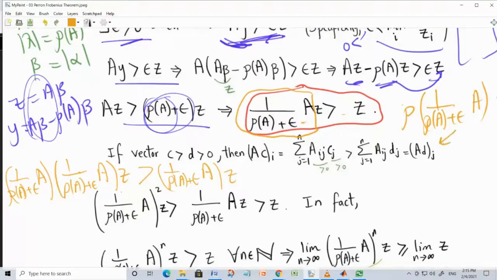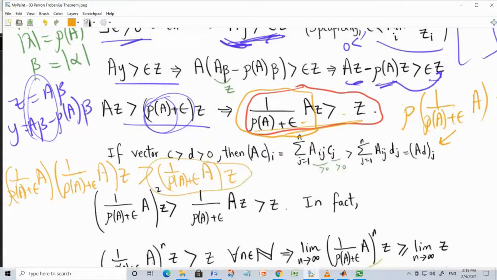You can easily convince yourself that when we multiply both sides of this inequality by this matrix, the inequality is preserved exactly as a strict inequality.